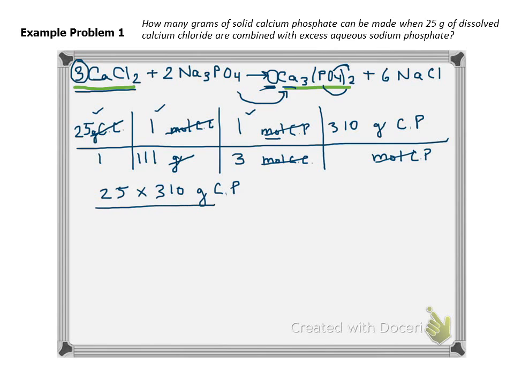In the denominator, we have a 1, 111, 3, and another 1. So now all you have to do is simplify the numerator and denominator of that fraction and divide. So your final answer will be approximately 24 grams of calcium phosphate being produced.